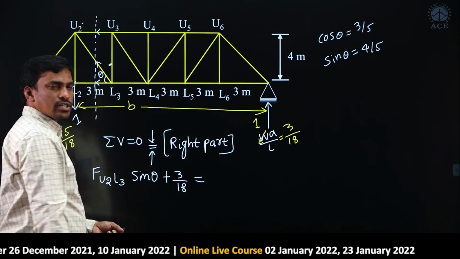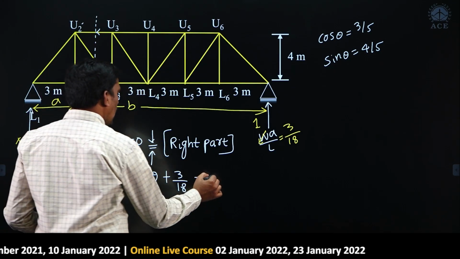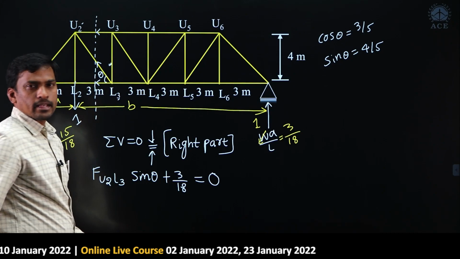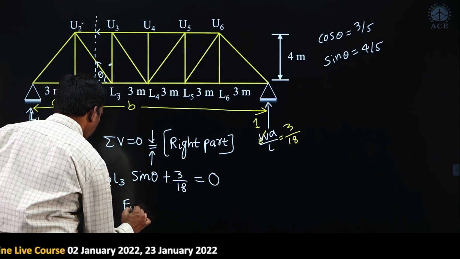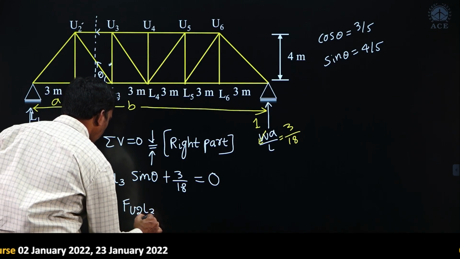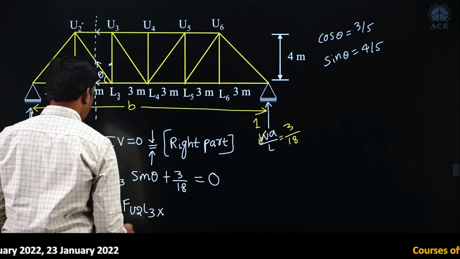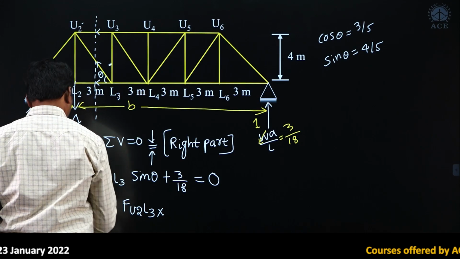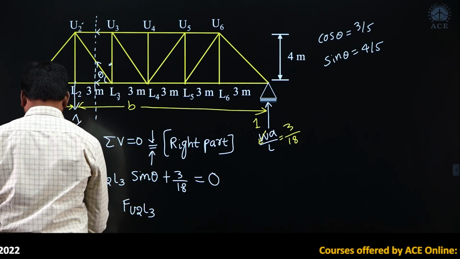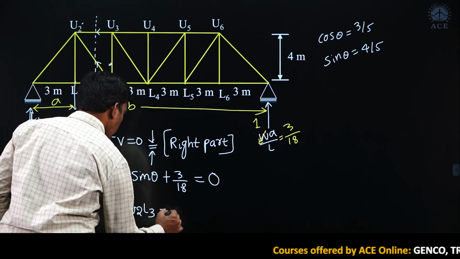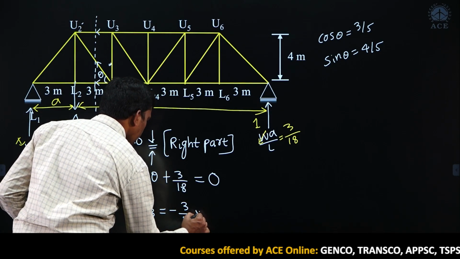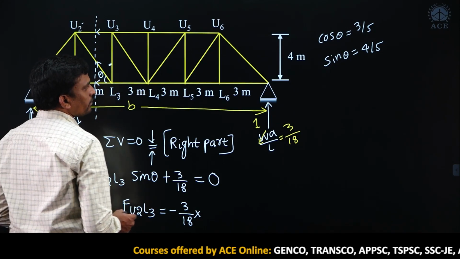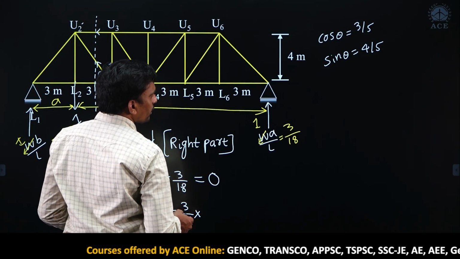There are no downward forces in the right part, so equals 0. Then from this equation, F U2L3 equals minus 3 by 18 into what, sin theta, 4 by 5, right?